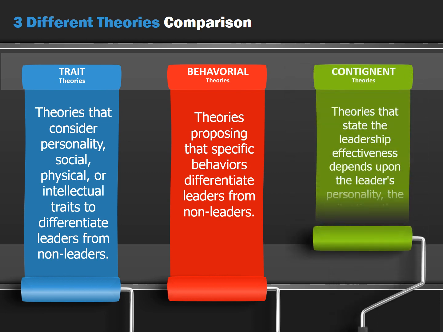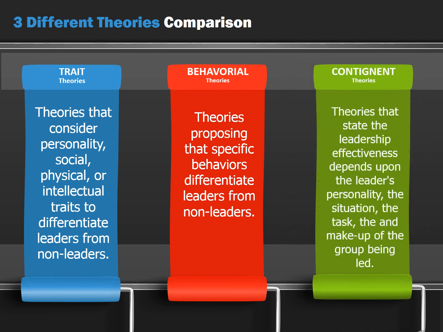And the third is contingent theories. These theories state that leadership effectiveness is dependent upon a leader's personality, the situation, the task, and the makeup of the group being led. I'm sure you have heard the questions, are leaders born or made, or can leadership traits truly be taught? We'll explore that in a minute.